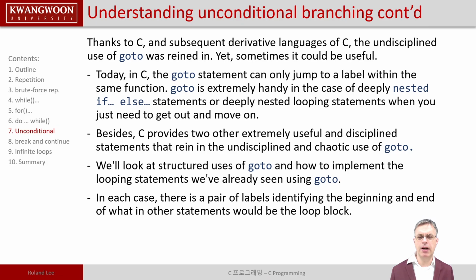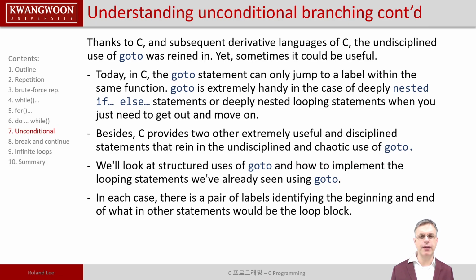For the remainder of this section, we will look at structured uses of goto and how to implement the looping statements we've already seen using goto. In each case, there is a pair of labels identifying the beginning and end of what in other statements would be the loop block.